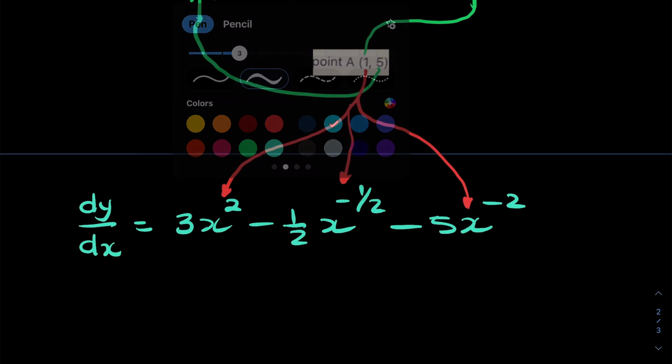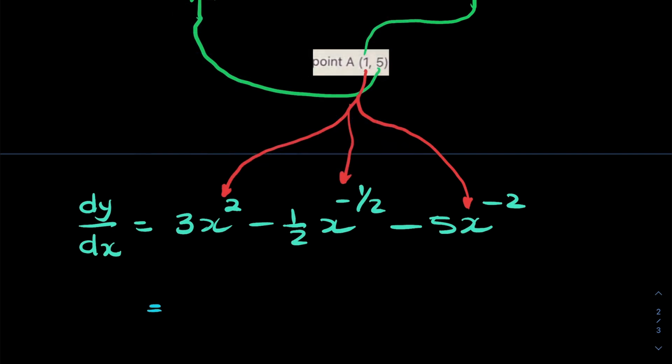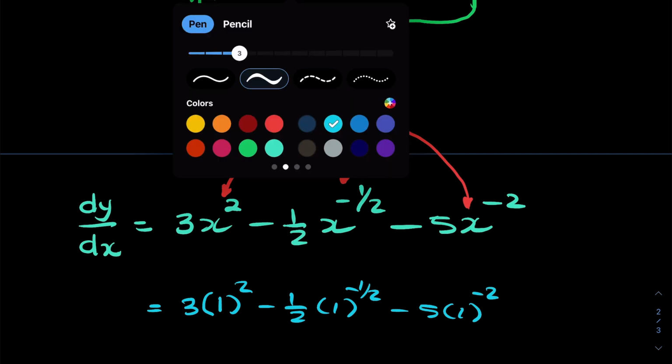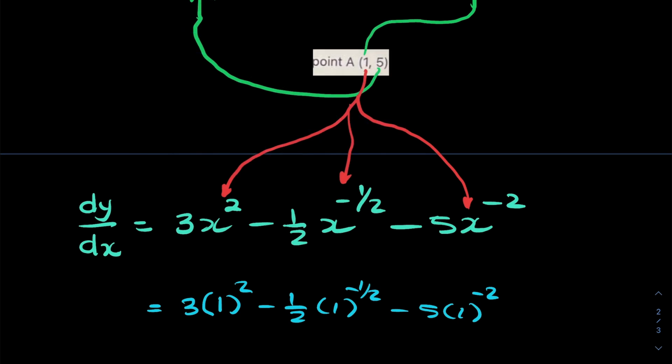So dy by dx equals 3 times 1 squared minus a half times 1 to the minus half minus 5 times 1 to the minus 2. And conveniently for us, 1 to any power is just 1.